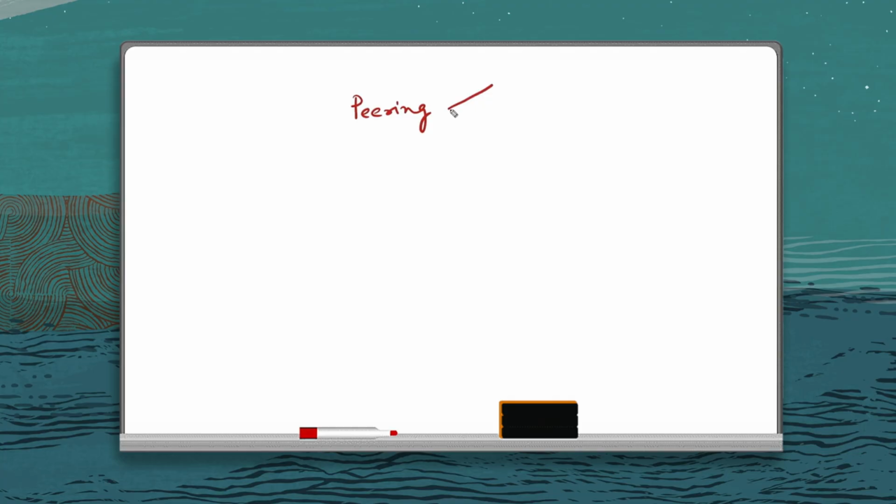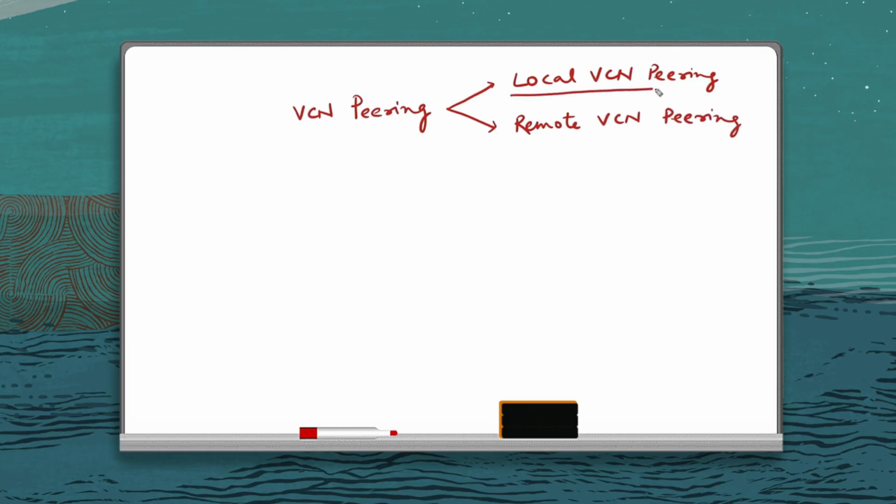First of all, you should keep in mind that there are two types of VCN peering. The first is local VCN peering. The second is remote VCN peering. In this lesson, our focus is on local VCN peering.